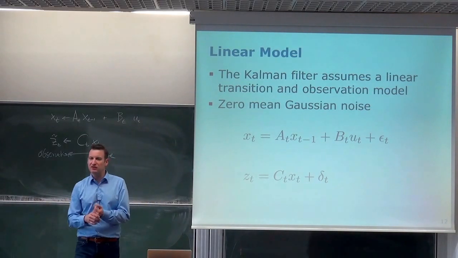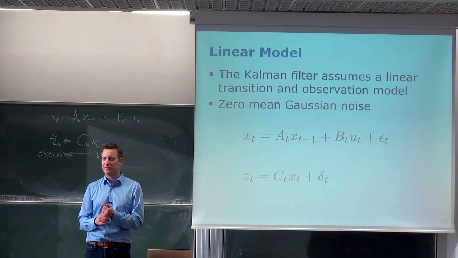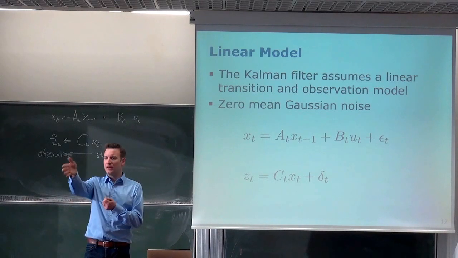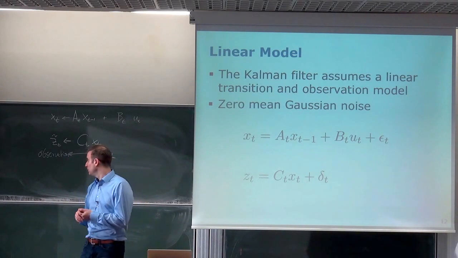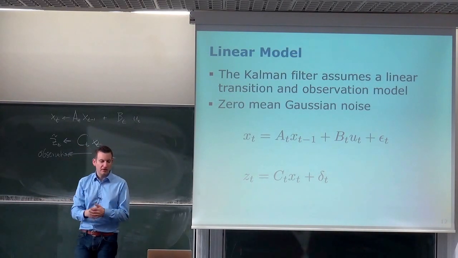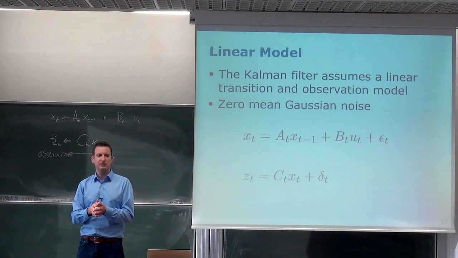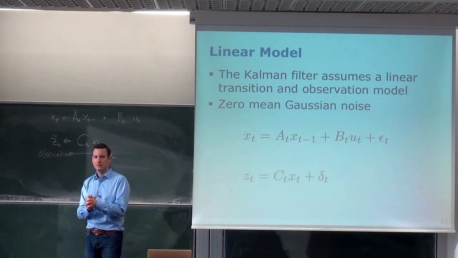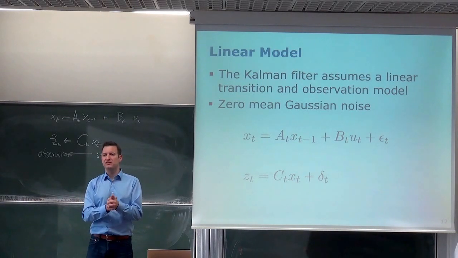For example, it needs to know the location of the lighthouses in the environment. It says, given I know where I am and I know which lighthouse I'm looking at, I can actually estimate what I should measure. So this function maps from the state space into the observation space, and intuitively, it is the expected observation: what I'm expecting to observe given I'm in this state x_t.